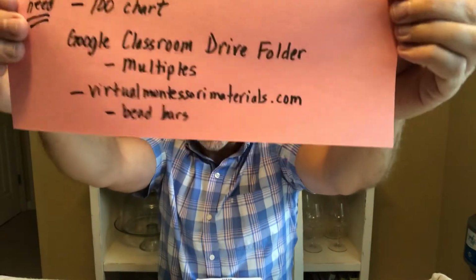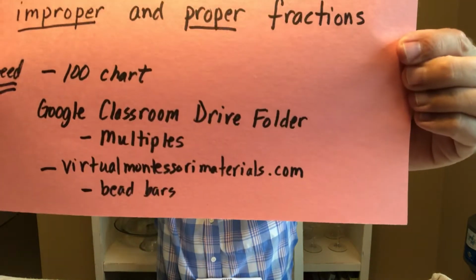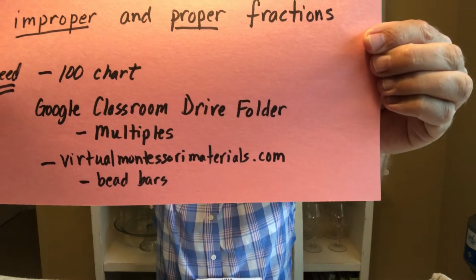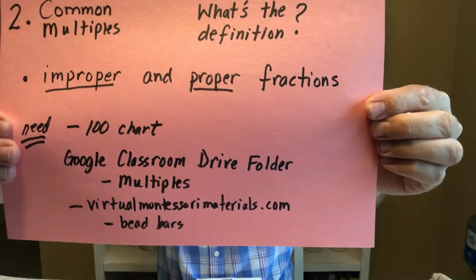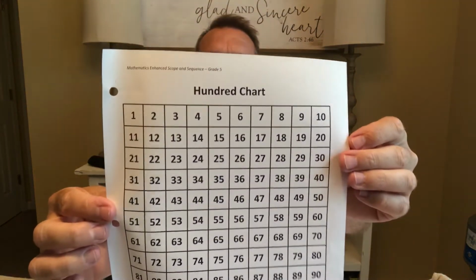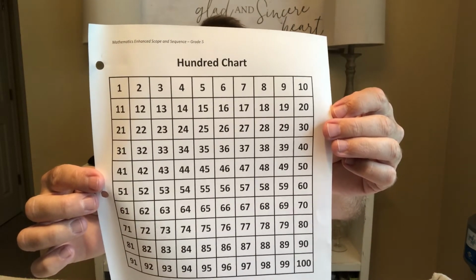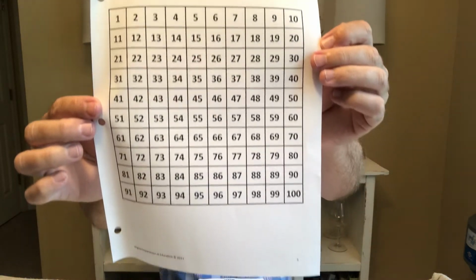Look for the section that's called bead bars, and you'll be able to do everything that I am doing today. And again, you're going to need the 100 chart. A 100 chart just looks like this. You can type in 100 chart on the web, click on images, and print one off.